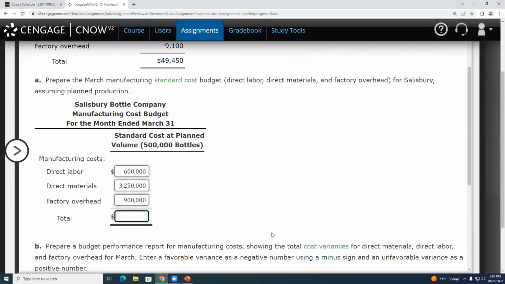And then we can add the three of those together. And so before we began production in March, we would have expected to spend $4,750,000 on manufacturing costs for the 500,000 bottles.